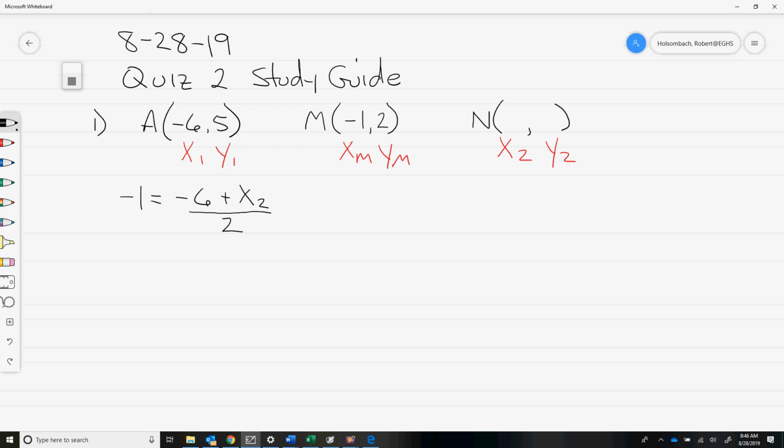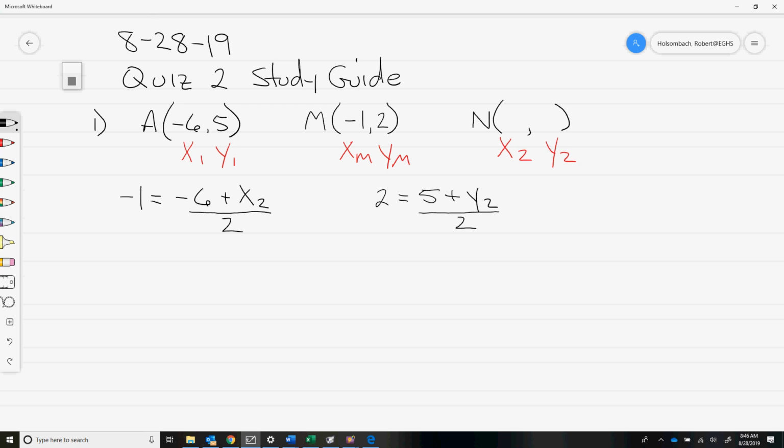And I'm going to go ahead and set up the y formula next. Alright? Your y in the middle, which is 2, is equal to your y sub 1, which is 5, plus your y sub 2, all divided by 2. And you take each equation and you solve for the x sub 2 and the y sub 2.